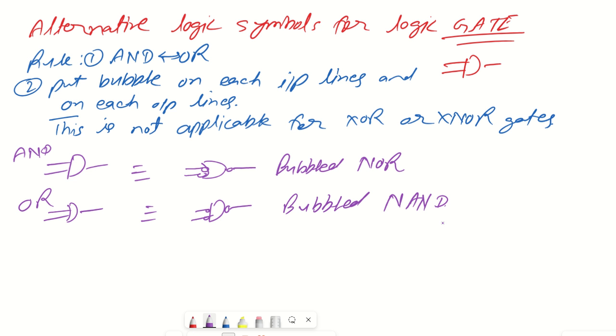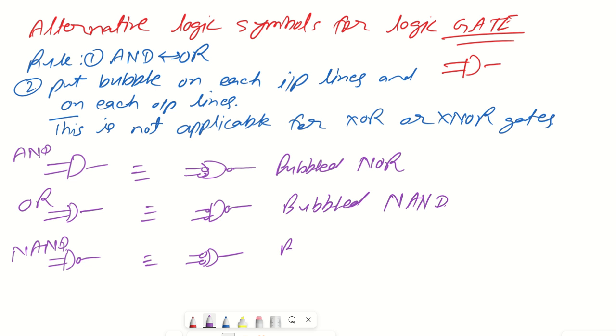And if we have a NAND gate, what will happen? This is my NAND. This is going to be equal to OR, because it is AND type, and then the bubble on the output, it will become no bubble, and the inputs are bubbled.